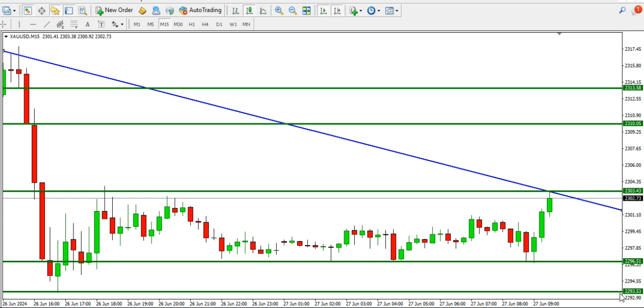So I see price dropping back to 2296, then 2293. But on a break above 2303 or 2304 thereabout, we might see price getting to the 2310 and 2313 levels.